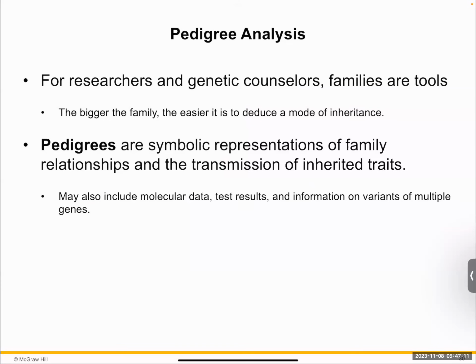Now, this is also important for understanding pedigree analysis. For researchers, we use the concept of pedigree, these beautiful charts of inheritance, to figure out what is happening in terms of a characteristic being passed down. It's a very easy way of tracking conditions or phenotypes through generations.